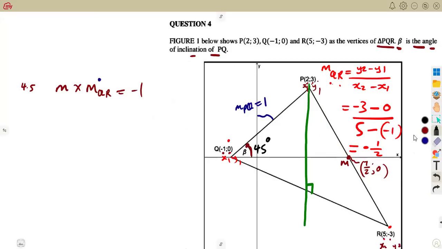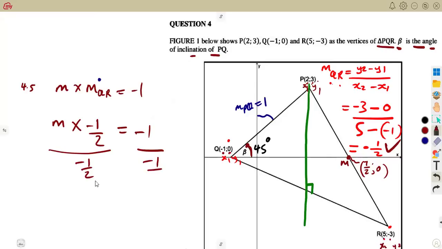So it means the gradient of the line that we want, times the gradient of QR that we calculated, -half, is supposed to give us -1. So what is the gradient of the line that we need to determine its equation? Simply divide. It's a product, so divide by -half.